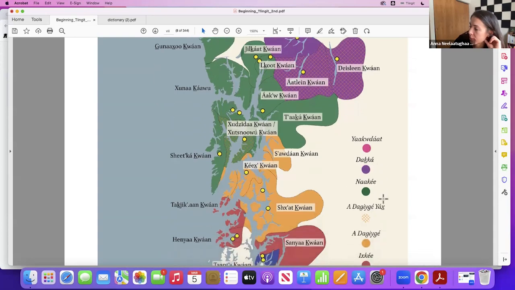It's interesting too because some of these are directional terms like dakka. Like when Khune and I are talking, and he'll be talking about my dakka friends. He's talking about his friends from Teslin, Atlan, people who are from inland that he works closely with and that he knows.